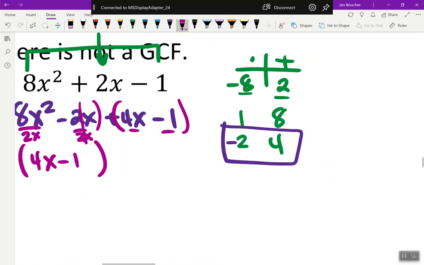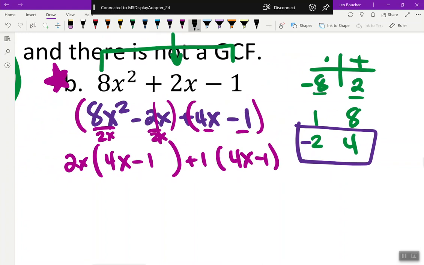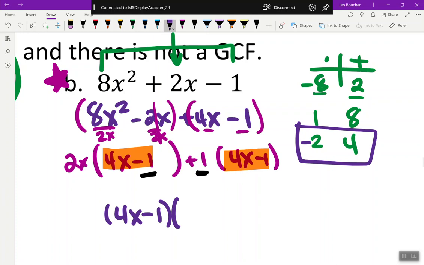A 1. That's it, just a 1. You put the 1 as a placeholder. So this is an easy place to make a mistake. Did I get the two pieces the same that need to be the same? Yeah, so 4x minus 1 and 2x plus 1.